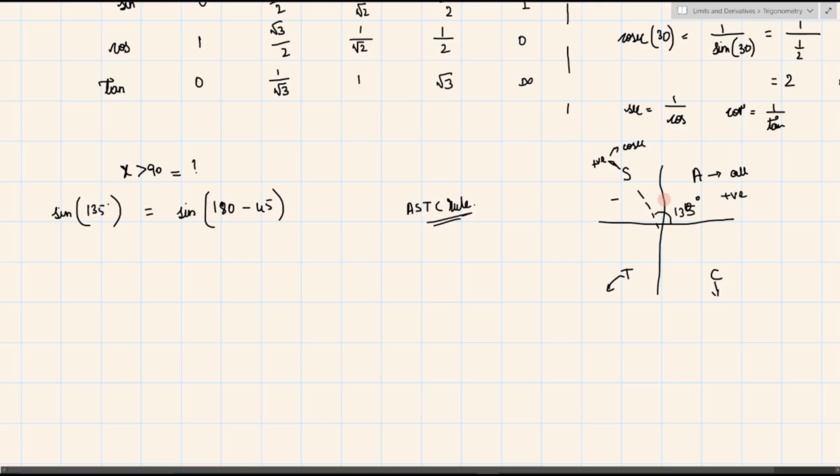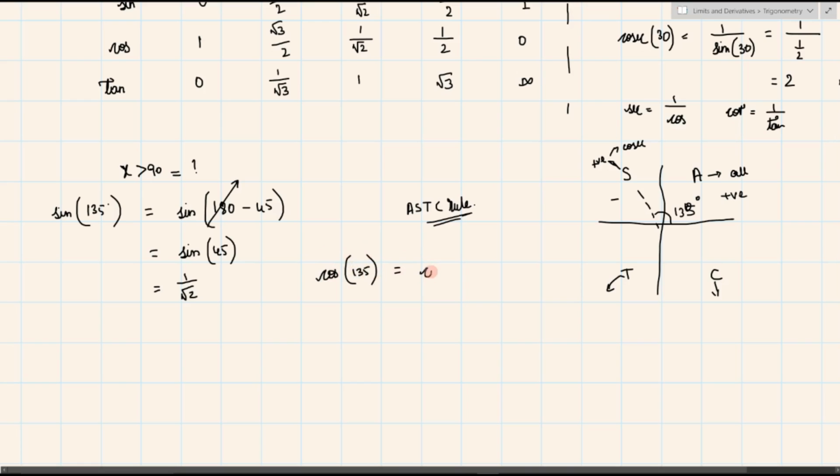So we'll have sine 180 minus 45 equal to sine 45 degree. Since sine is positive in the second quadrant, there would be no negative here, so that would be nothing but 1 by root 2.